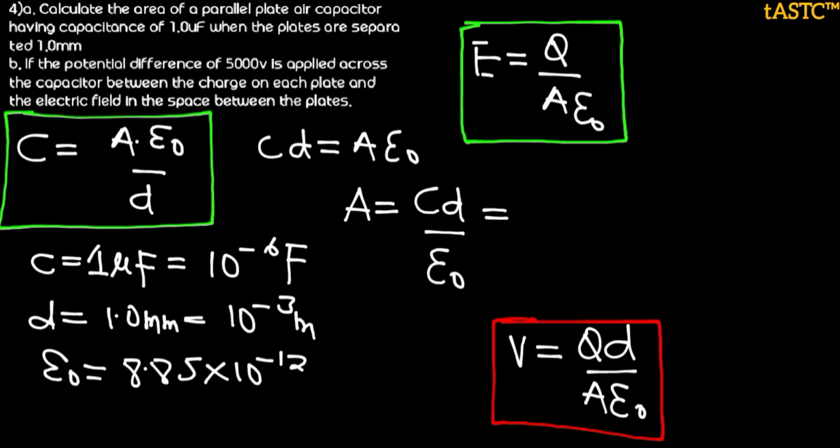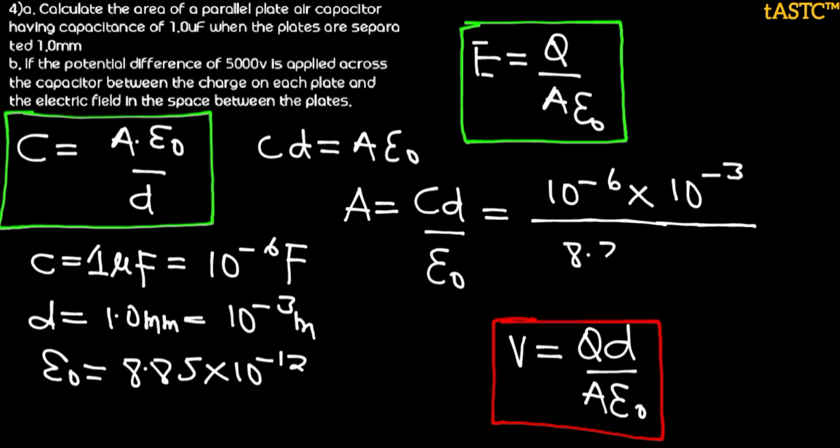Now C, the capacitance, that is 10 to the negative 6. And the distance, or the separation between the parallel plates, that is 10 to the negative 3. And here we got epsilon naught, which is 8.85 multiplied by 10 to the power of negative 12. So the area, A, let us see what that is going to give.